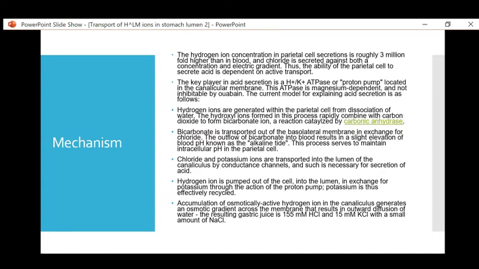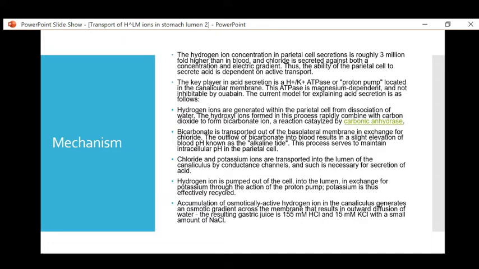The bicarbonate is transported out of the basolateral membrane in exchange for chloride. The outflow of bicarbonate into blood results in a slight elevation of blood pH, known as the alkaline tide. This process serves to maintain intracellular pH in the parietal cell.